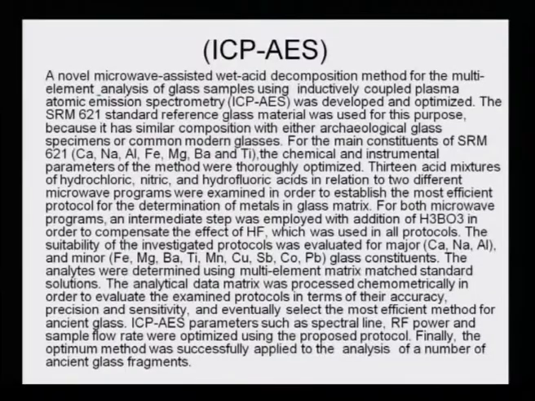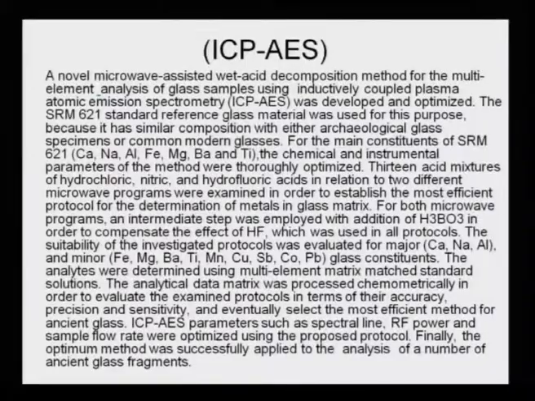The analytes were determined using multi-element matrix-matched standard solution. Obviously, it is always a calibration method, so the standard also must have all these components to be able to analyze the same metals in the sample. The analytical data matrix was processed chemometrically in order to evaluate the examined protocols in terms of their accuracy, precision and sensitivity, and eventually select the most efficient method for the ancient glass.